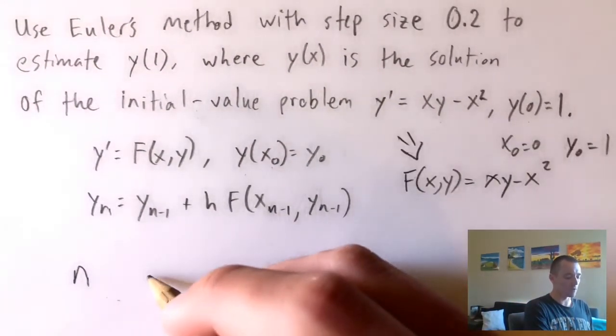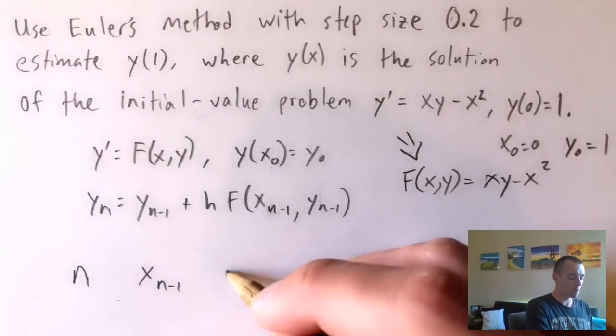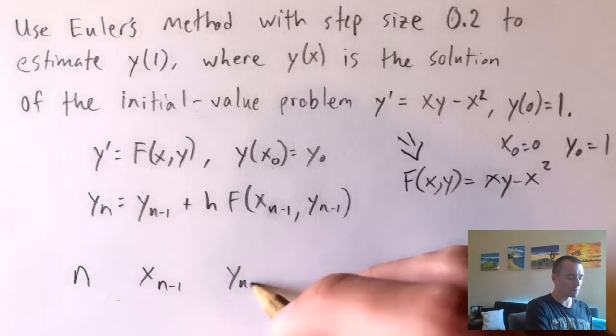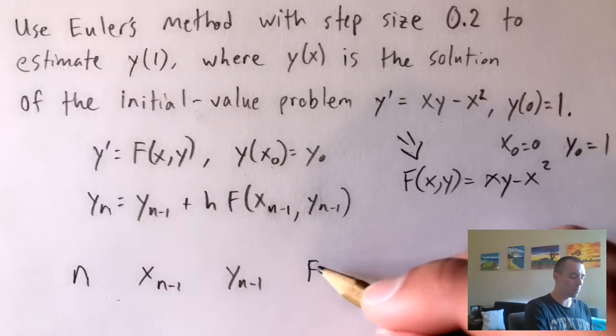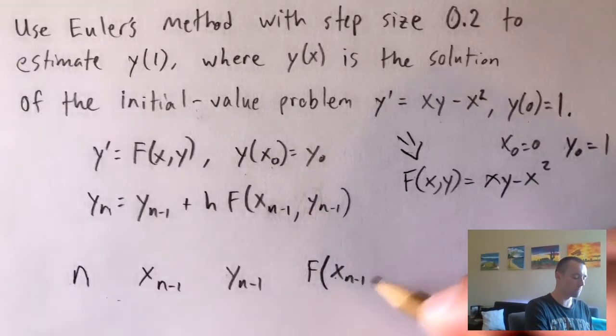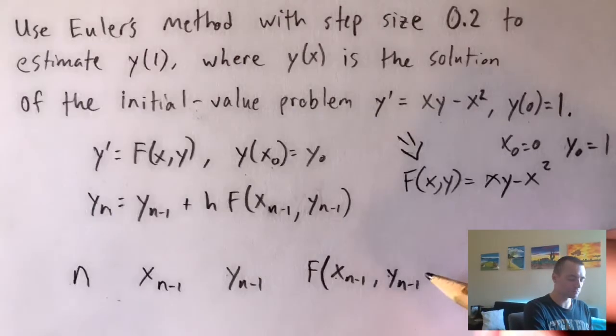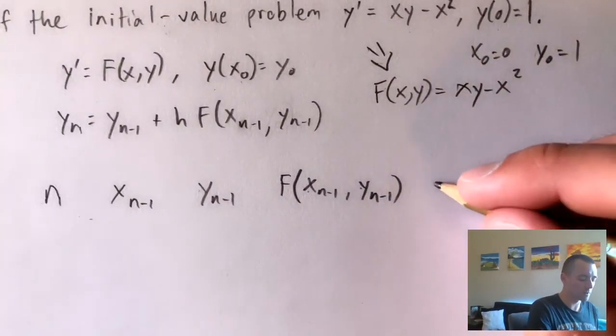We're also going to have our x sub n minus 1 and our y sub n minus 1. And then we also want to figure out along the way what we get when we plug x sub n minus 1 and y sub n minus 1 into f. And then we're going to use all these pieces to figure out our y sub n.